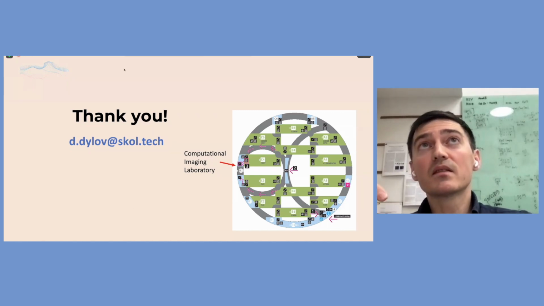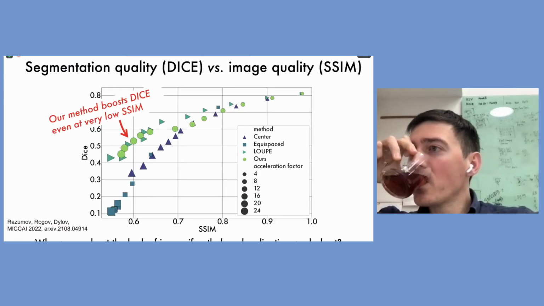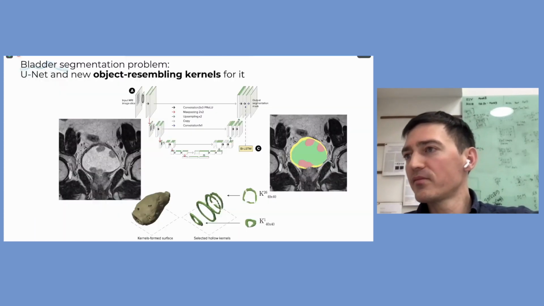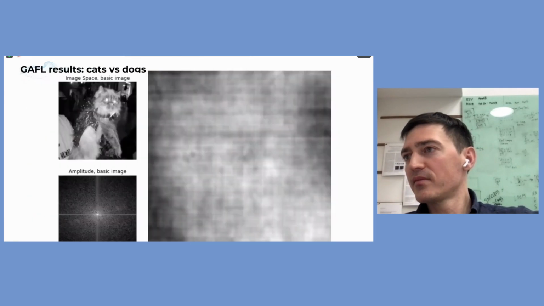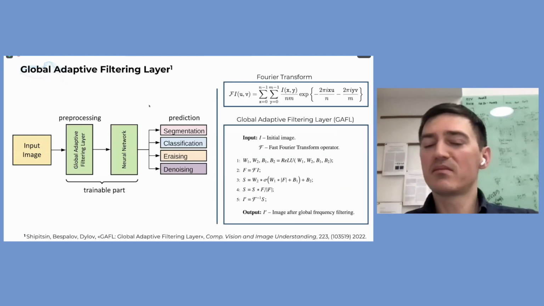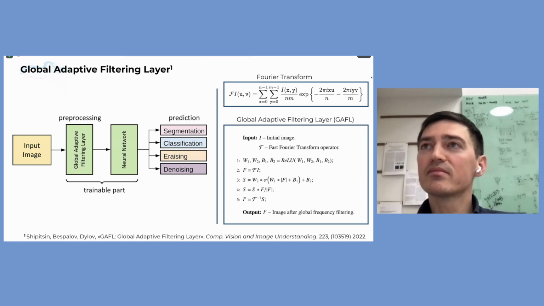Could you go back to slide 13? Over here. Yeah. So this is maybe a naive question. In this algorithm, in point number 3, you take the Fourier image, and then this multiplication is an element-wise multiplication, right?